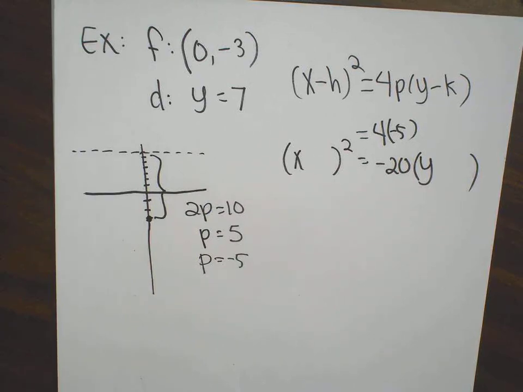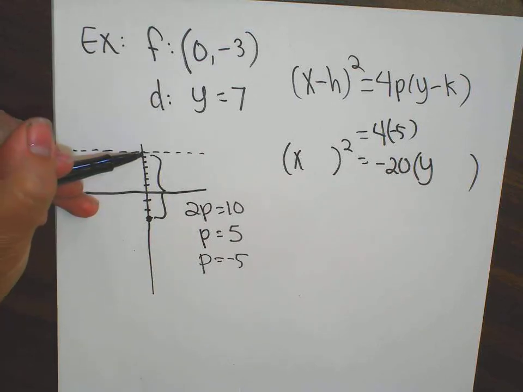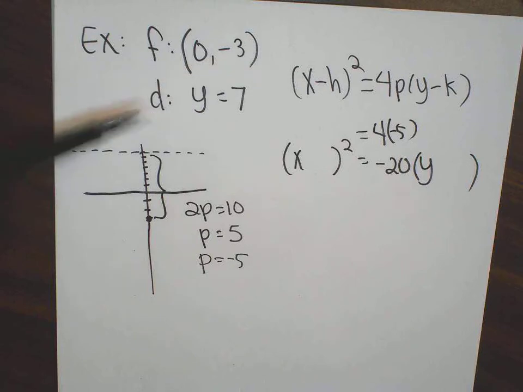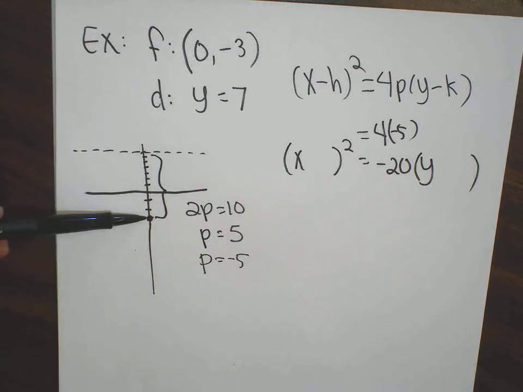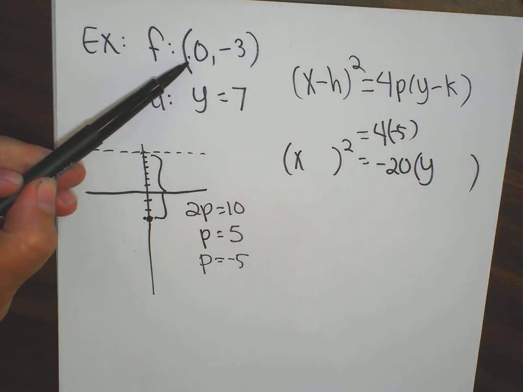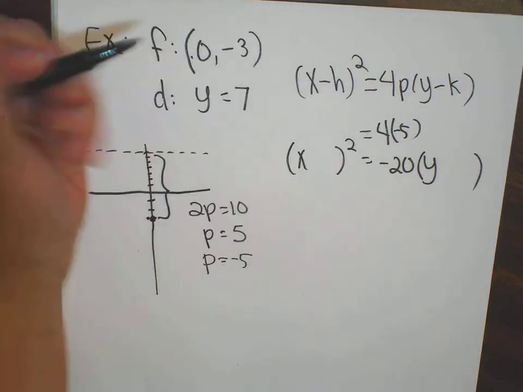I need the vertex. So we can use formulas if we want, like do little equations, right? Or we can think about what's changing. If this is x dominant, what has to change from this ordered pair, the x or the y? The y. So is the x going to be any different from my focus to my vertex? No, so my x is 0.